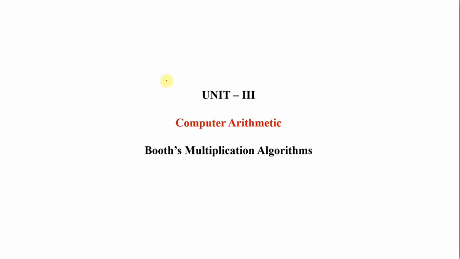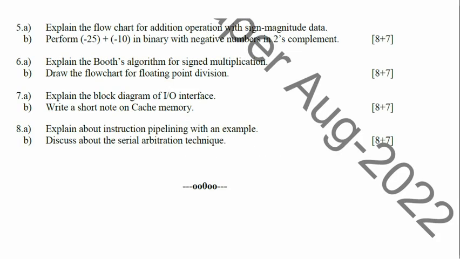Here in this video, I am going to explain Booth's multiplication algorithm, which is very important for your semester exam. Here are some screenshots showing the question being asked in previous year papers.